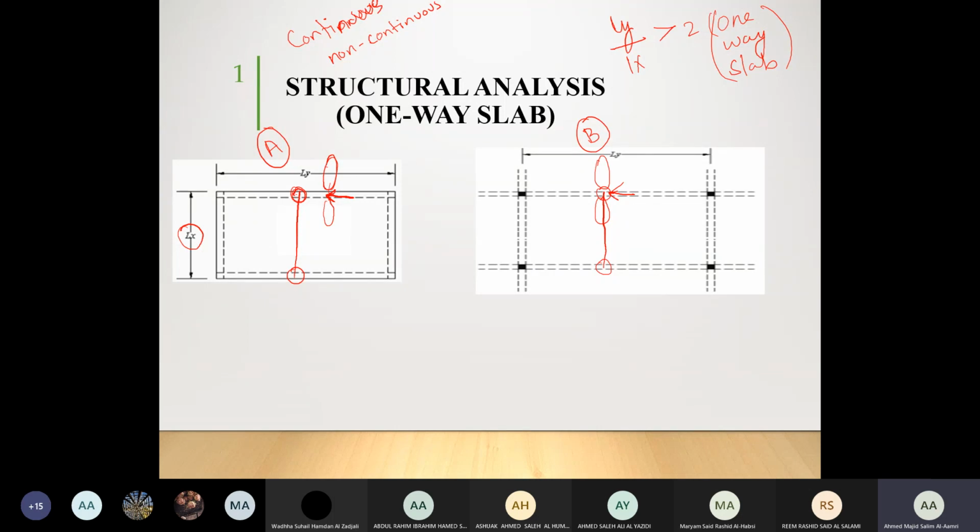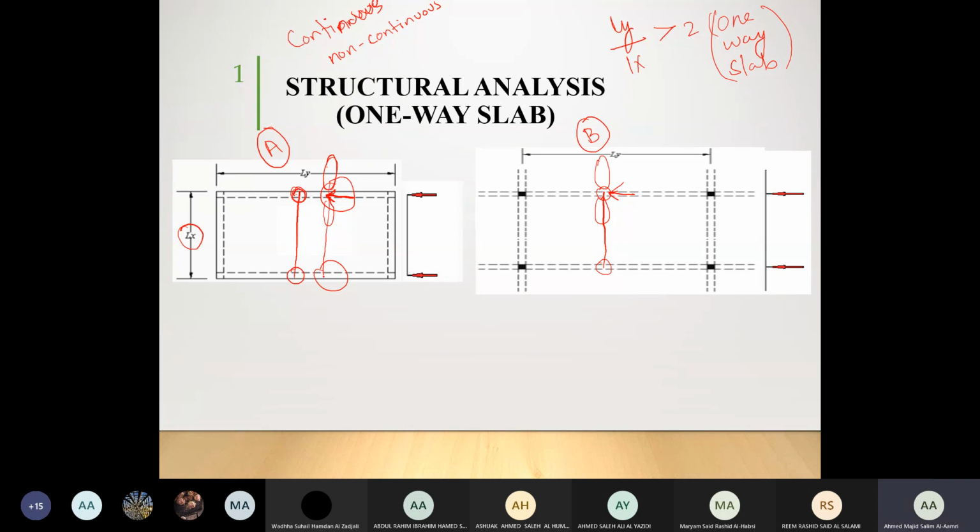Now, just to keep it easier for you to relate, we are going to draw a free body diagram, or what we called last class the idealization. You can see what I have done. I have drawn a support here and another support here, since this is my element.